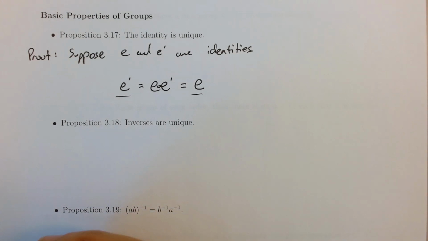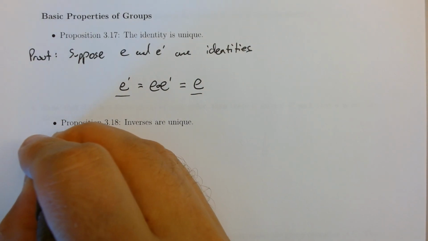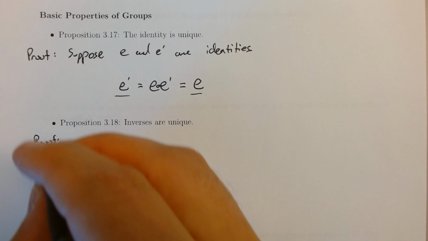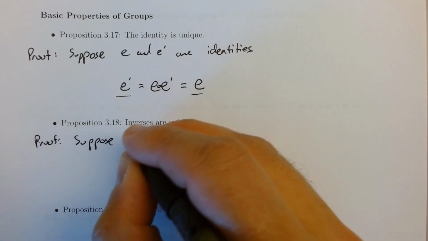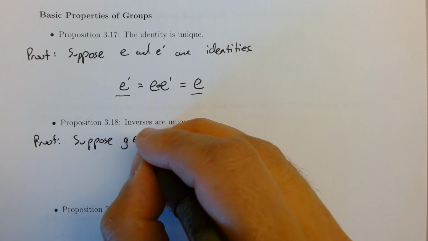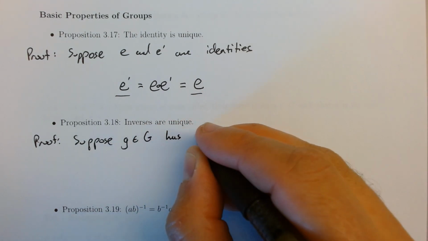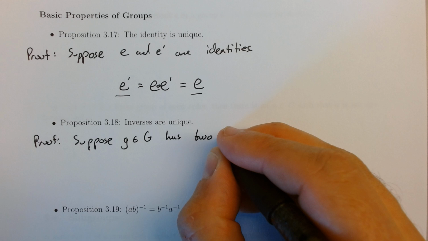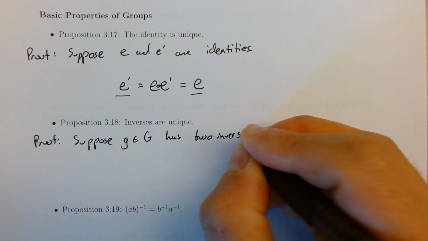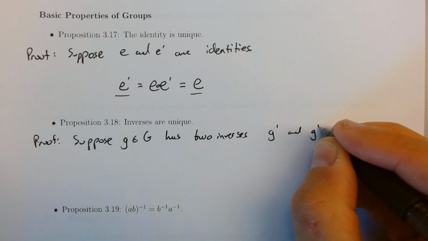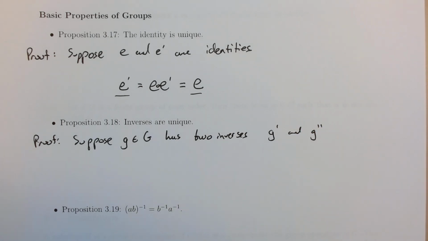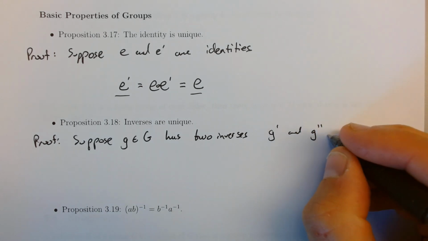Similar with inverses, they're unique. So again, suppose that some element G, an element of our group, has two inverses. We'll give them names, G prime and G double prime.